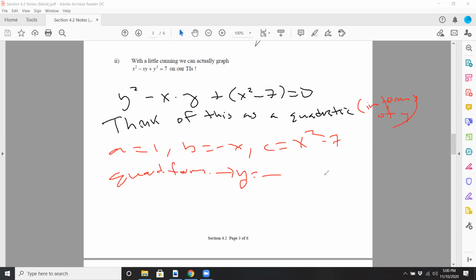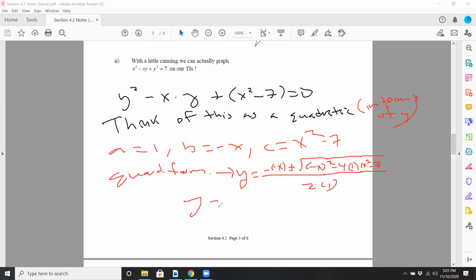So y equals -b, which will be -x, plus or minus the square root of b squared, so you're squaring -x, minus 4ac, so 4 times 1 times x squared minus 7, all over 2a.